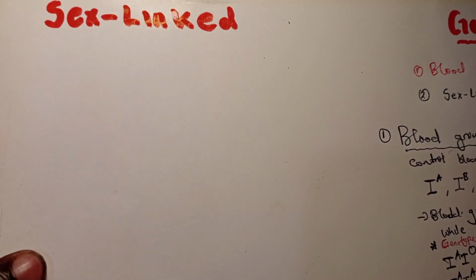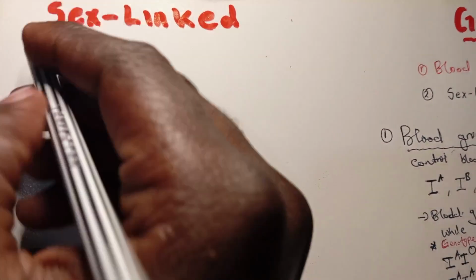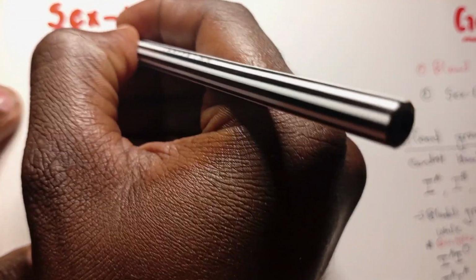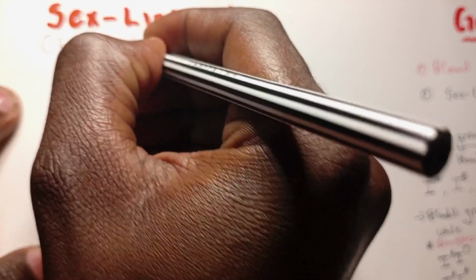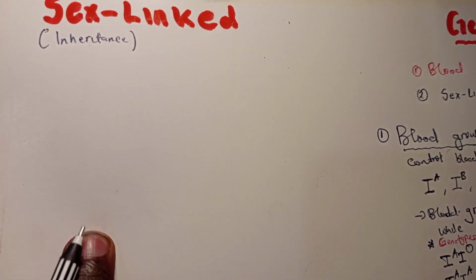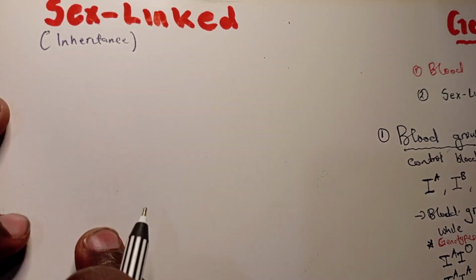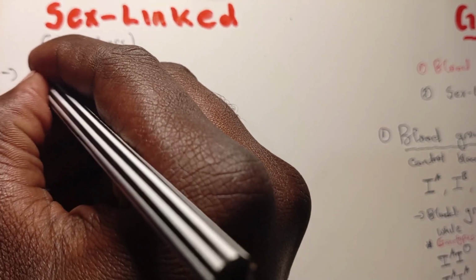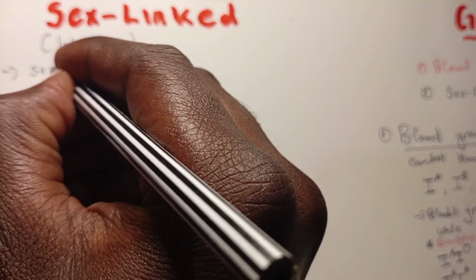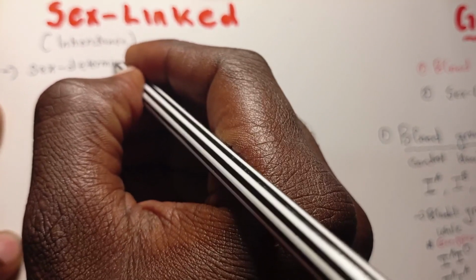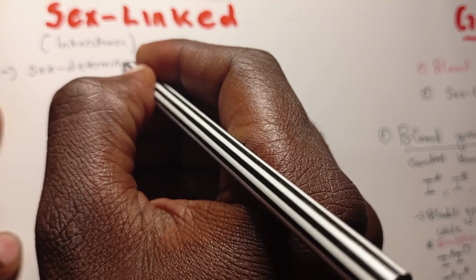Sex-linked inheritance. We're looking at how it is determined whether you are going to have a male child or a female child. So, sex inheritance, or sex determination, or sex determinants.